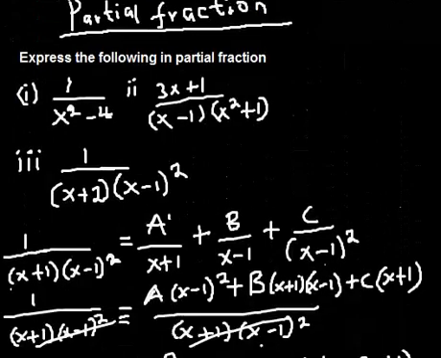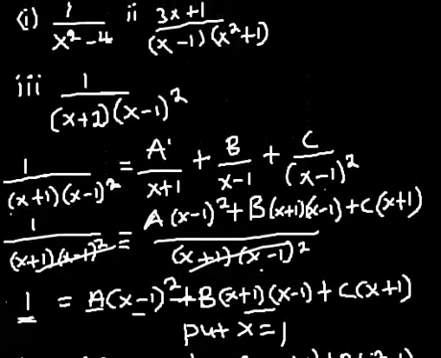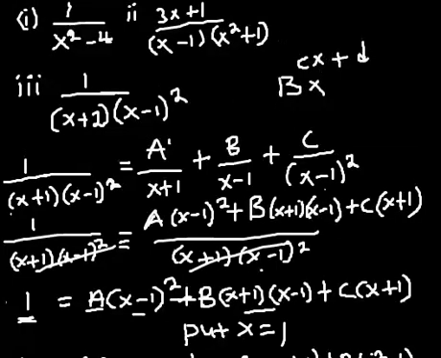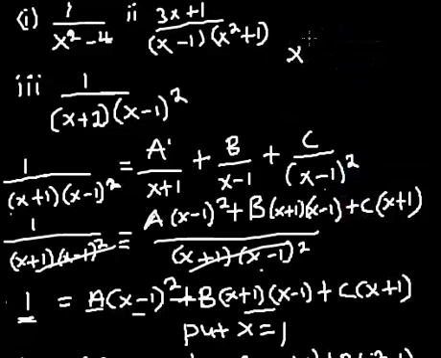These are the different techniques of partial fraction. The technique that involves you using cx plus d, or bx plus c, depending on where that particular quadratic expression is, an expression of this nature. Let me illustrate this.